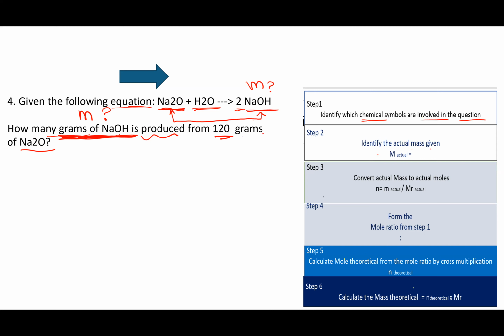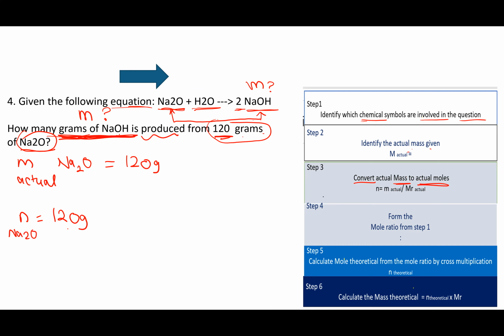Okay. Identify the actual mass given. How many? 120 grams of sodium oxide. So I'm going to write m actual of Na2O is equal to 120 grams. Then convert the actual mass into actual moles. Now n equals 120 grams, and that's of Na2O, over the MR of sodium oxide.